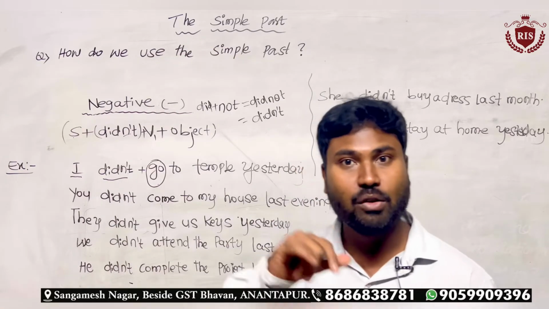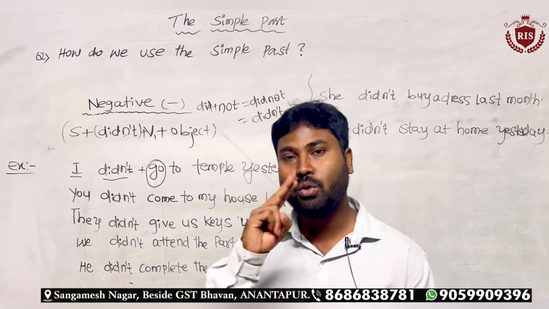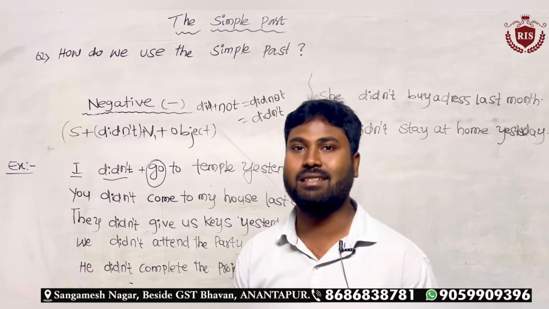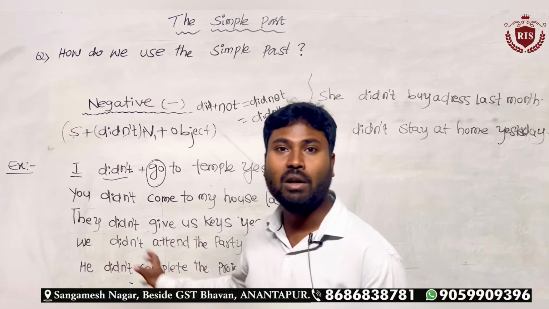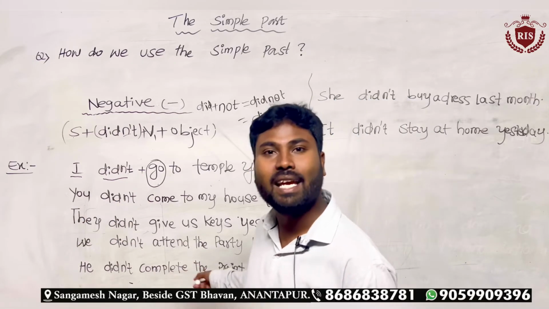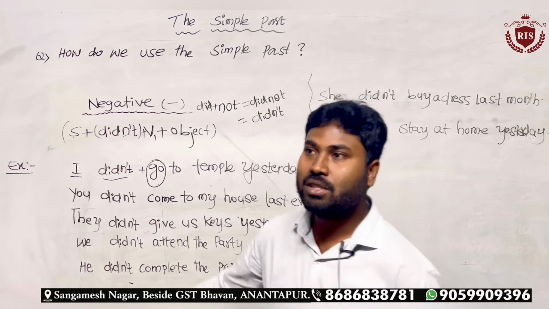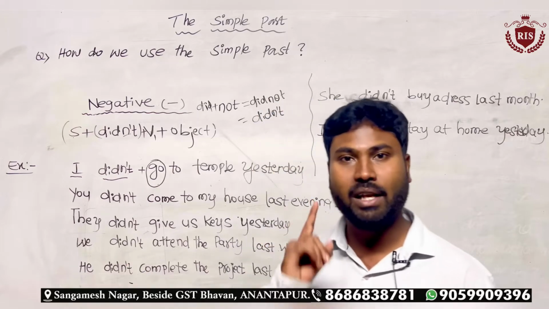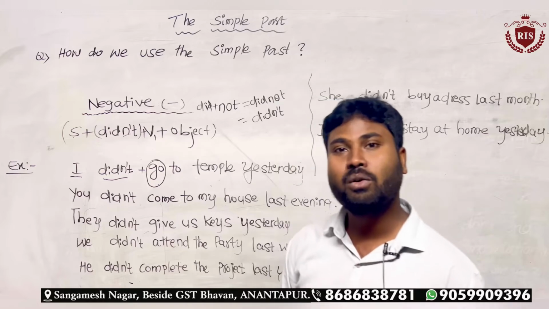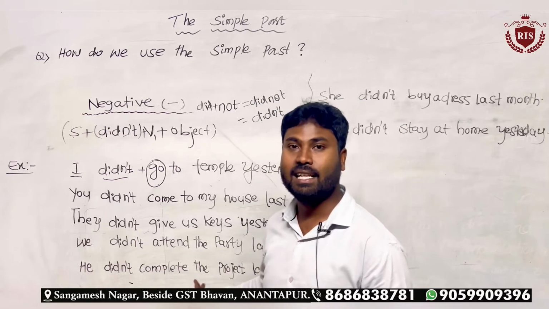We saw this in our previous video, where we have two auxiliaries: one is do and the other one is does. But here we have only one auxiliary, that is did. So even for the pronouns he, she, it we just use the same auxiliary, because we have only one auxiliary in the simple past. So we add not to the auxiliary did in the simple past.